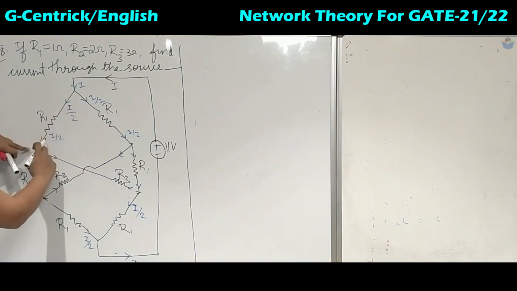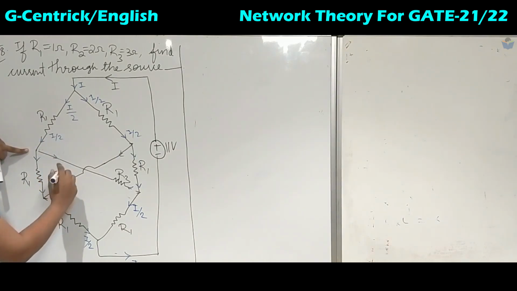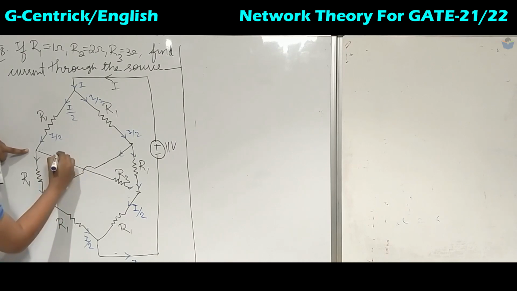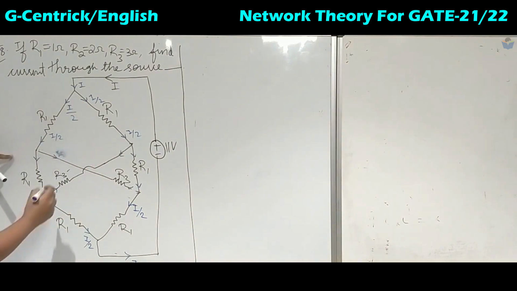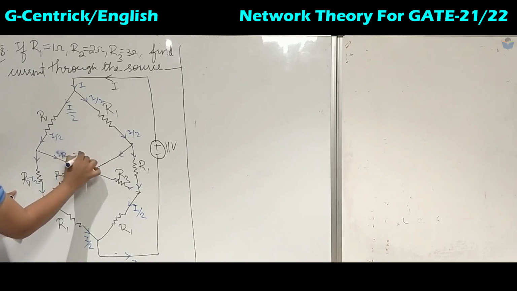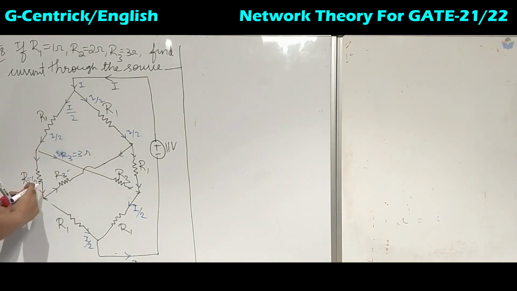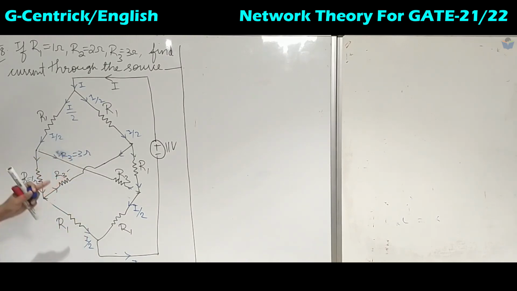Now here I by 2 is there, but still it is getting divided. But what is the value of R3? The value of R3 is 3 ohms, given to us. So R1 is equal to 1 ohm and R3 is 3 ohms, so the current gets divided in the ratio of 1:3. This can also be solved using the current division rule, but since we have not studied the current division rule, we will use the ratio and proportionality concept.